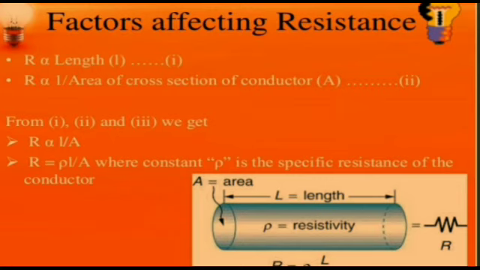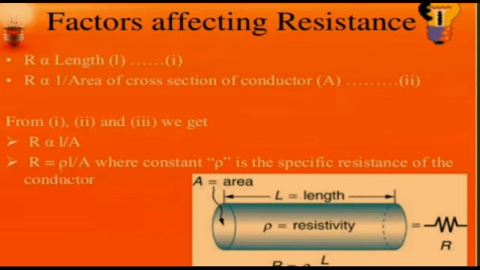That's why directly proportional and inversely proportional. So from the first and third we can get R is directly proportional to L by A, and if we remove the proportionality, we have to use some constant. That constant is nothing but rho. Therefore R is equal to rho L by A.